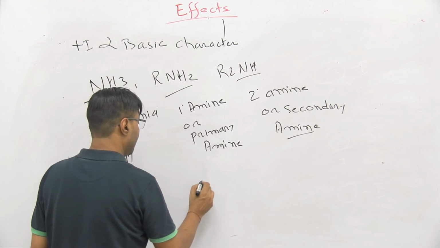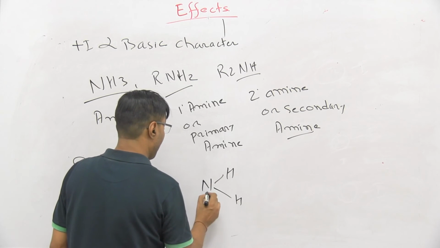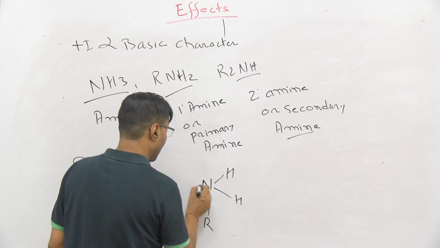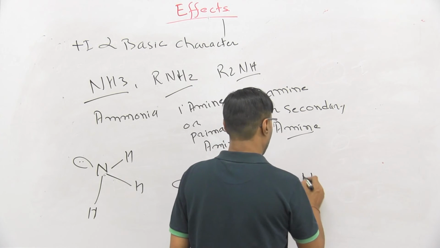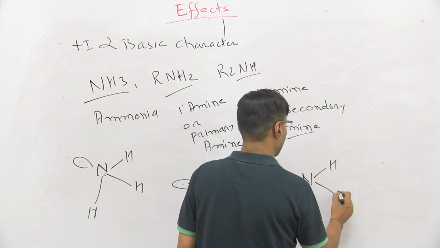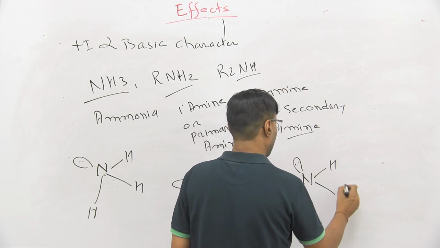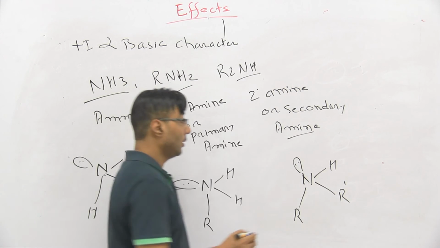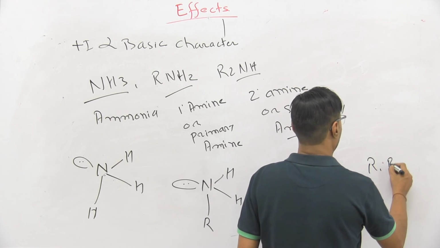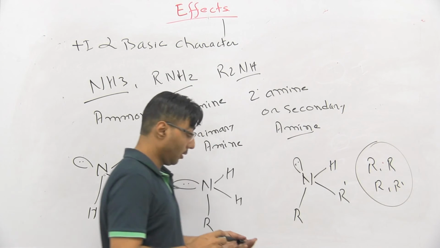In this case, N has 2 hydrogens and 1 R with a lone pair. In the third case, N has 1 hydrogen and 2 R groups. They may or may not be the same; let it be R and R dash. That is not the point of discussion right now.